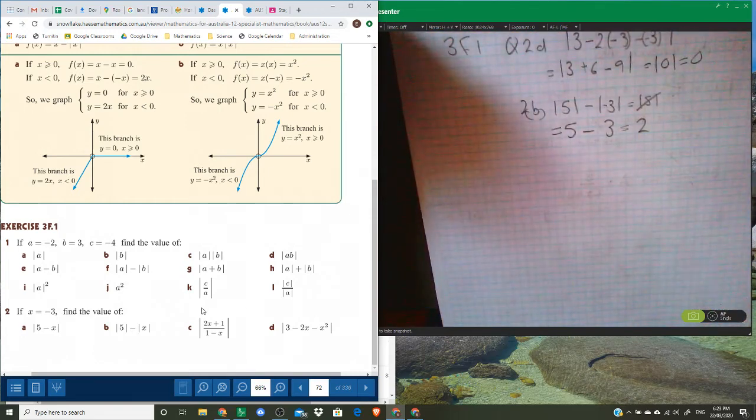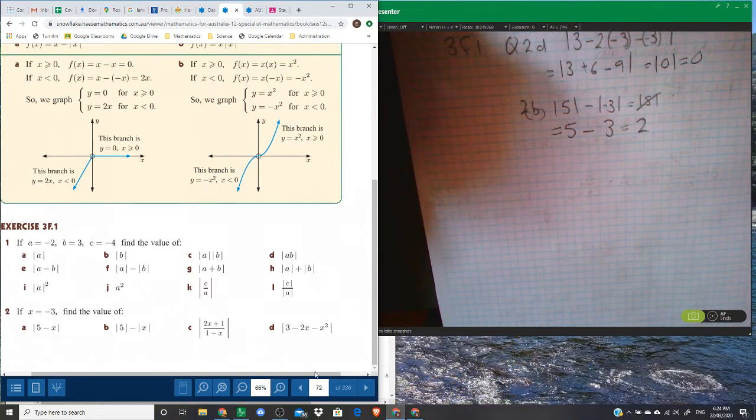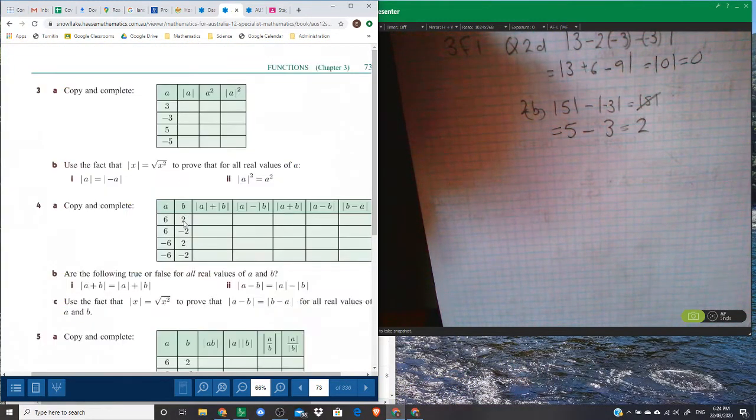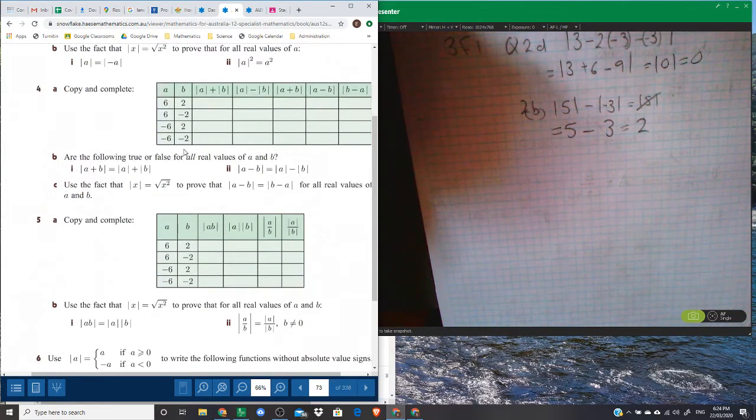Whereas in part A, you would have 5 take negative 3, so that's 5 plus 3 is 8, and take the modulus is still 8. That's positive.